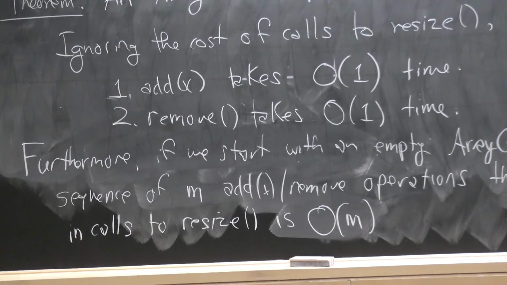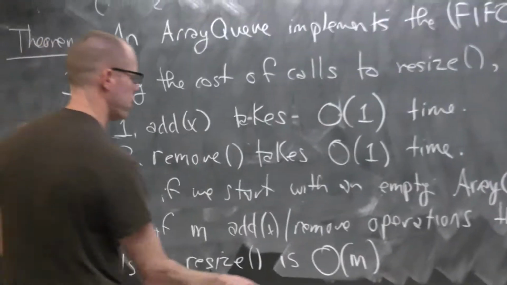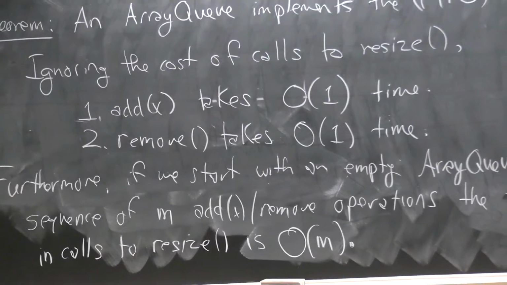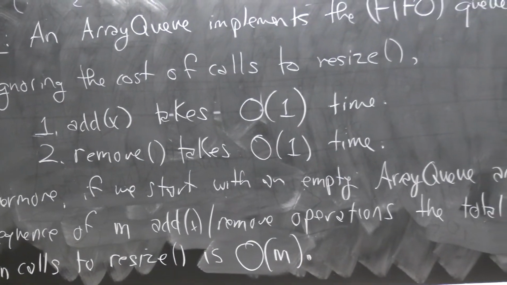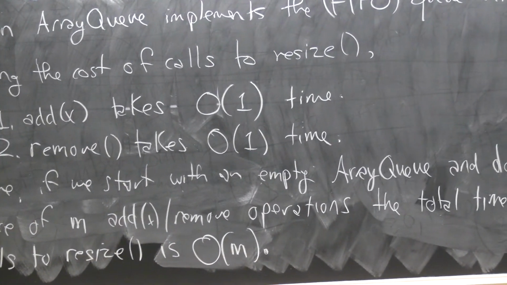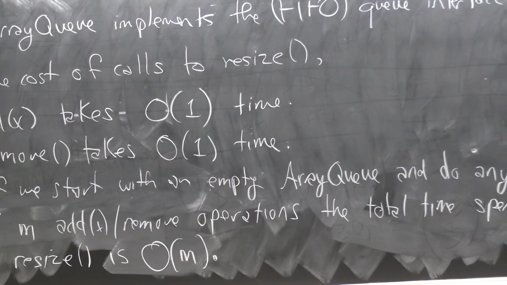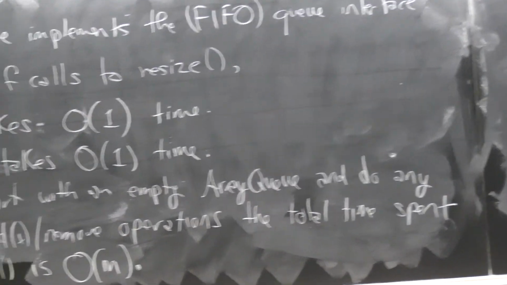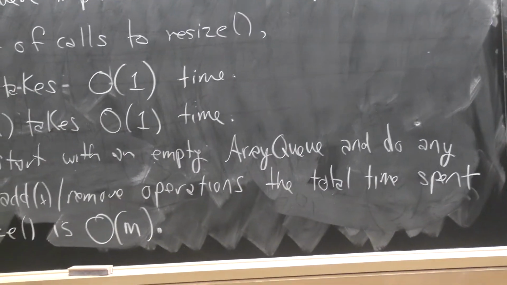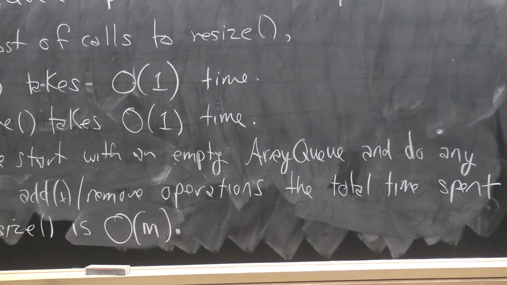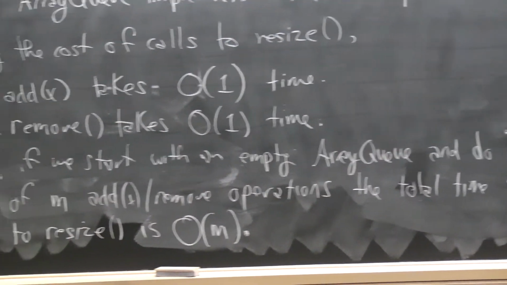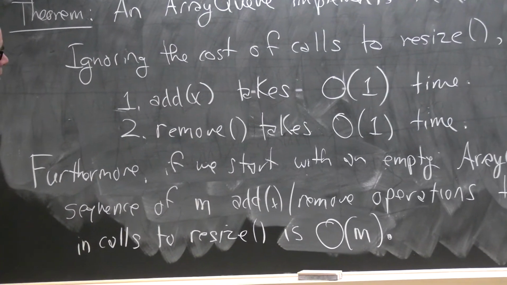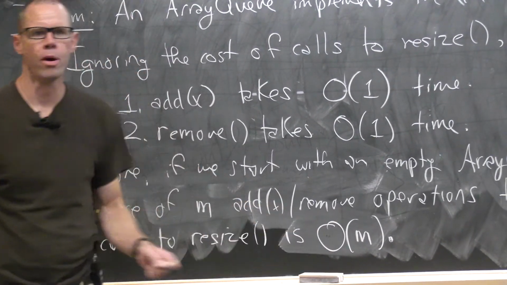So this is still one of these amortized data structures with this amortized statement of the running time with the two parts. If we first ignore the cost of calls to resize, then everything else takes constant time. If we want to account for the cost of calls to resize, then we look at a whole sequence of M operations, starting with an empty data structure, and we see that the cost of all of those calls, when you add them up, is only proportional to the number of operations we've done.